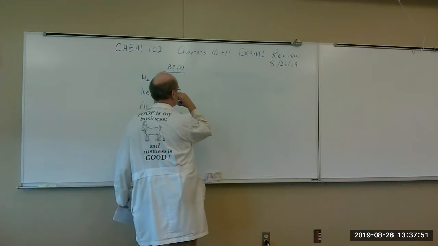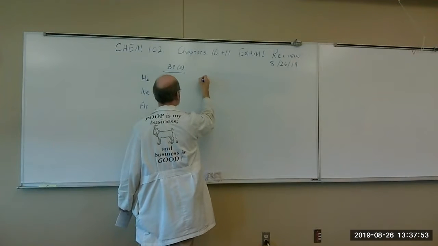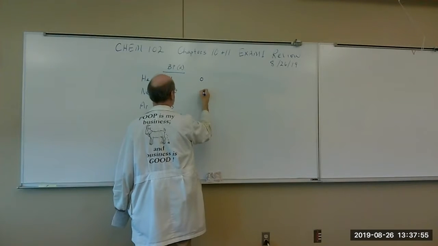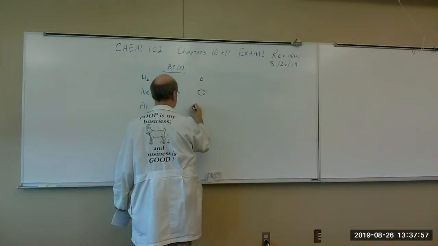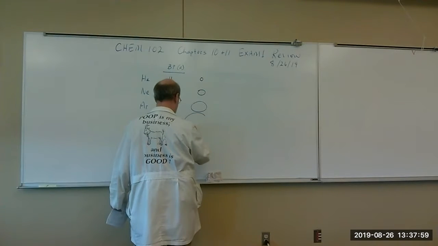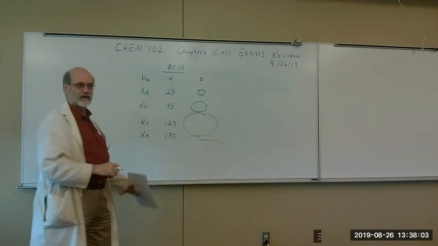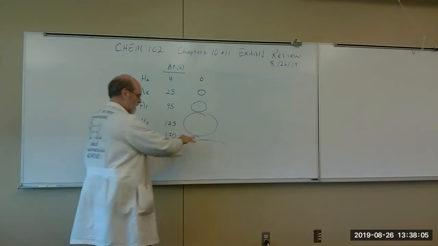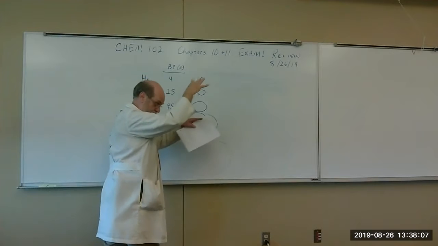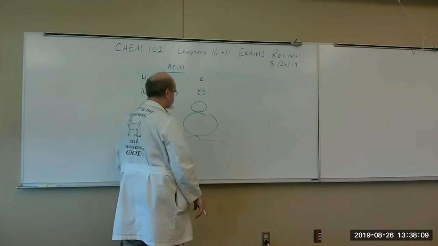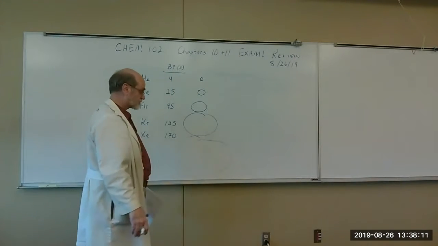Well, let's see. Let's do a representation of size. Helium's like that, neon's like that, argon's like that, krypton's like that, and xenon is just a monster. Right? So we're talking about the electron density. I mean, that's the size of the atom. So what does that mean?